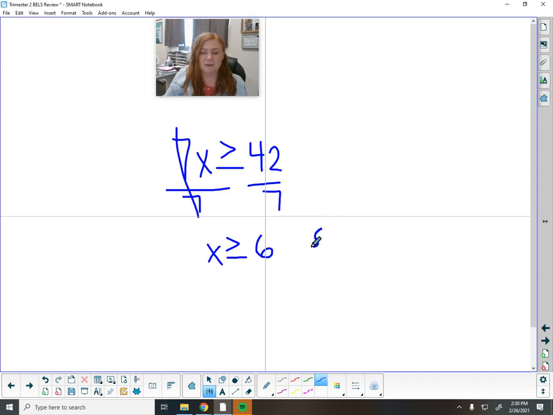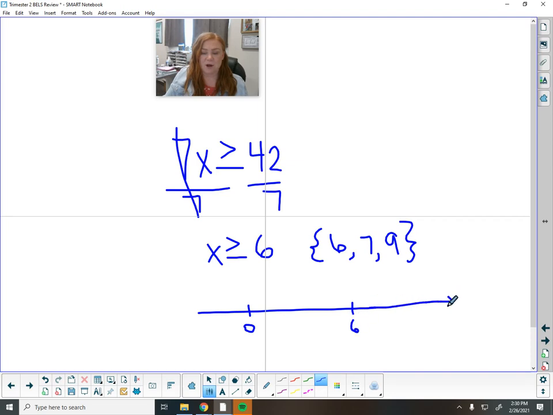So I can make a solution set. X could be 6, or it could be bigger. So now I can graph that. So here is 0. Here is 6. Let me make this a little longer here. So x is greater than or equal to 6. So I'm comparing to 6.